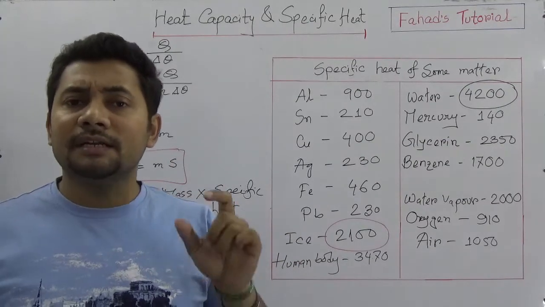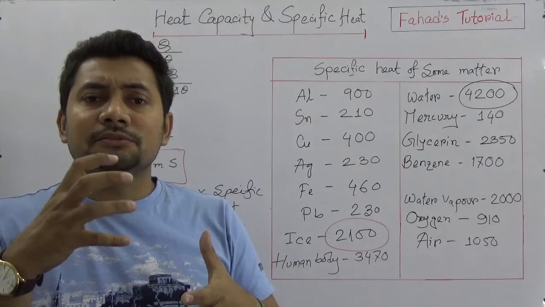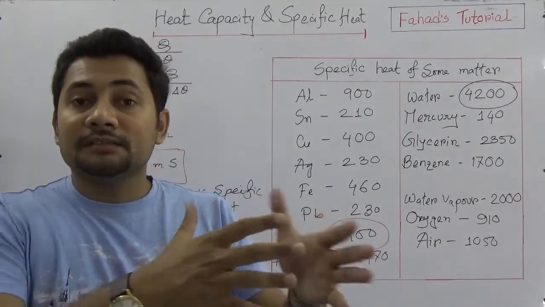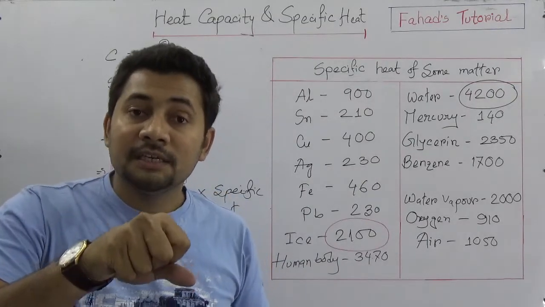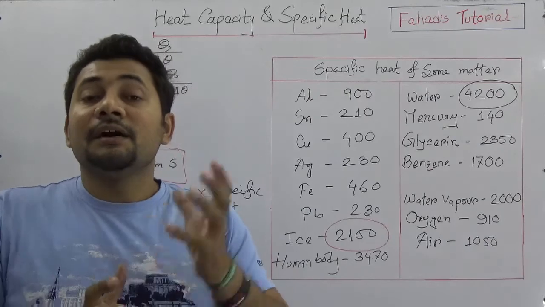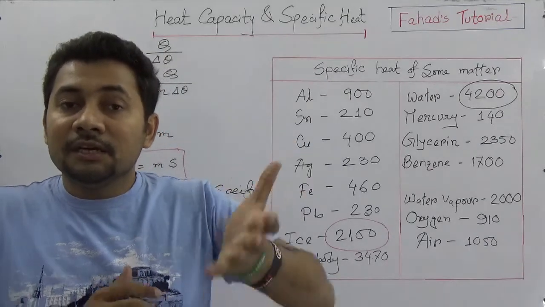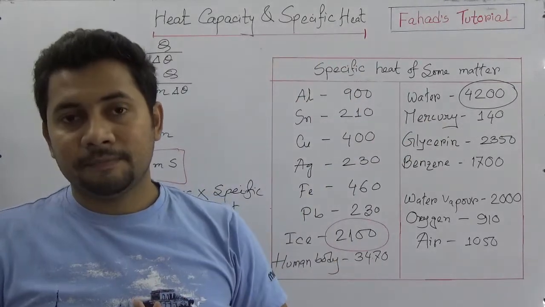That is why water is used to cool the engine when it's getting heated. When a car's engine is getting heated, water is poured into it to make it cool, because water requires a large amount of heat to increase its temperature and also to decrease its temperature.